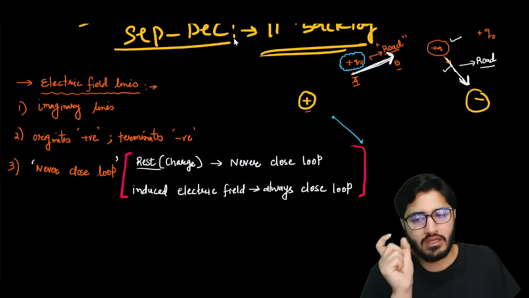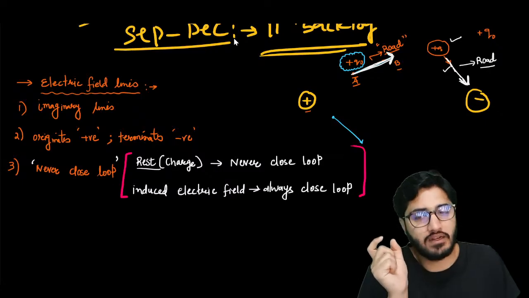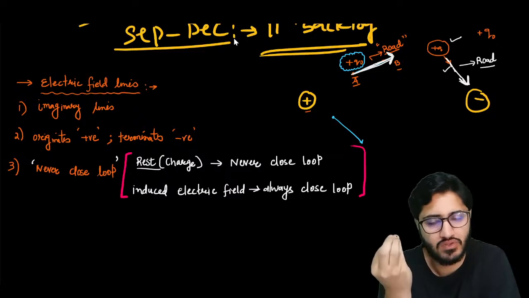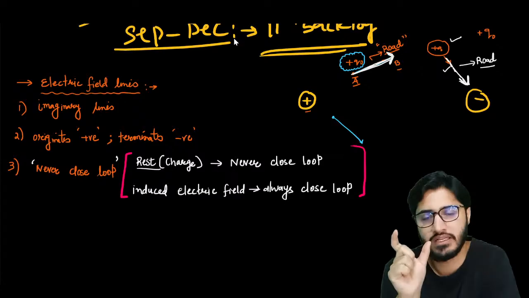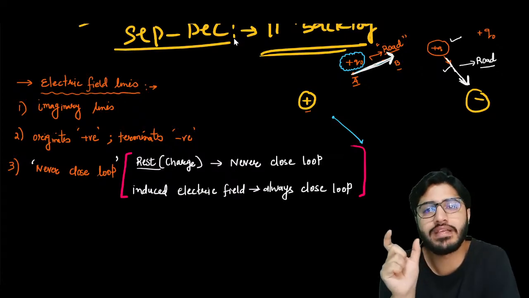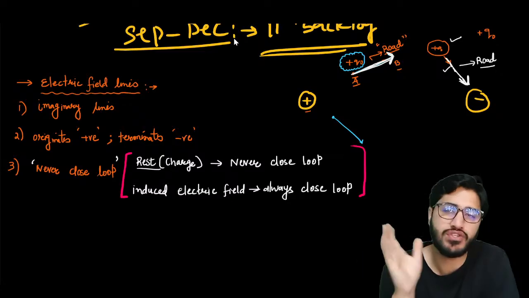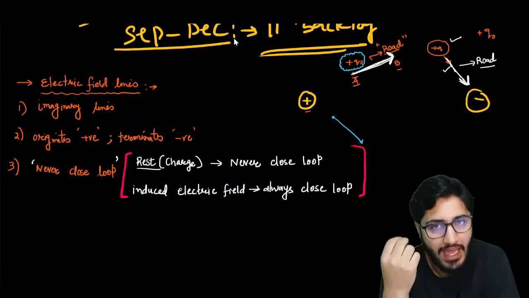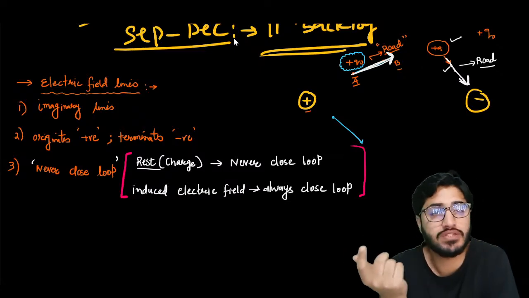So look, we were talking about the electric field lines. If the charged particle is at rest, the electric field associated with it will not be in a closed loop. But if my charged particle is in motion, that means the magnetic field is variable, so that will create an induced electric field.